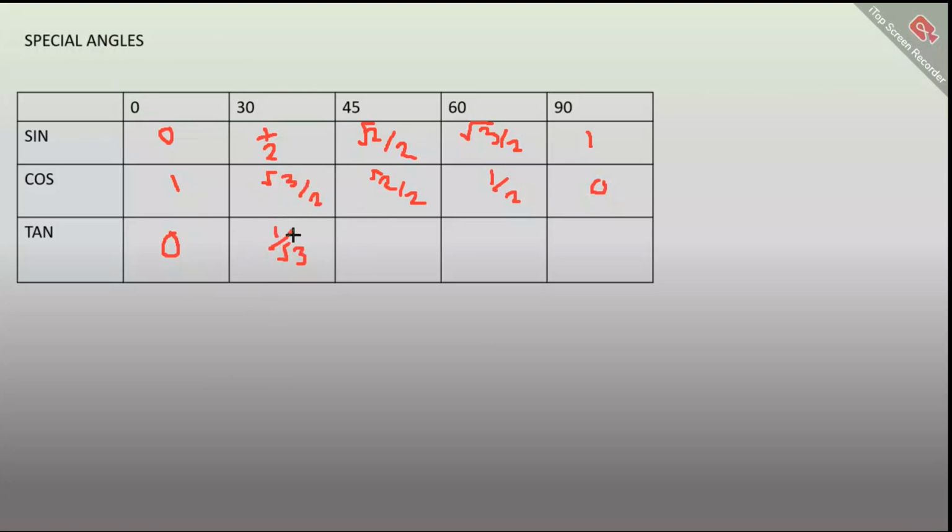From this one I get the numerator, then I get the denominator. If I have nothing to get, it's an error. That's how I used to do it. Those are the special angles. So when I ask you what is tan 60, you should know that it's root 3.